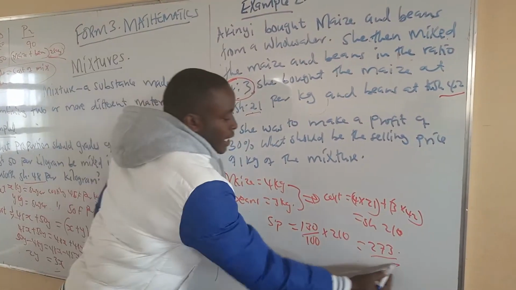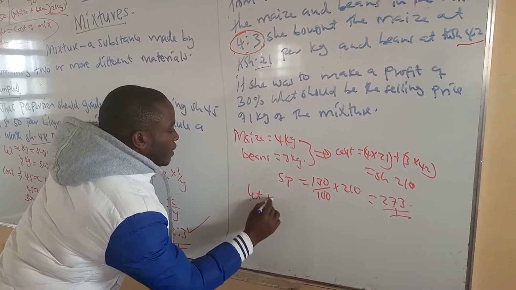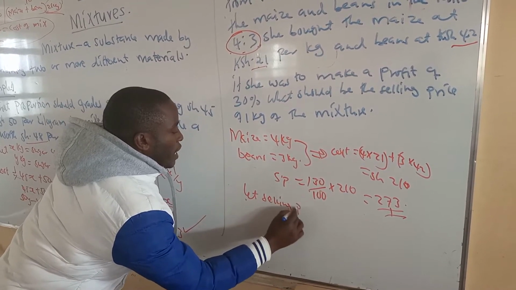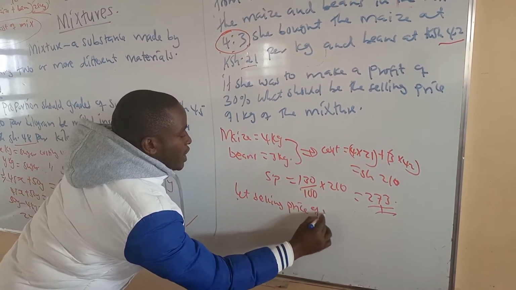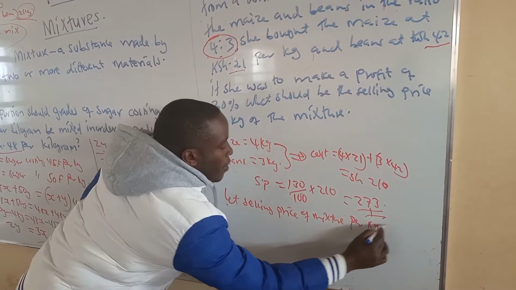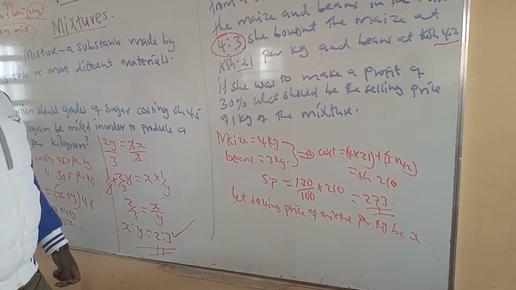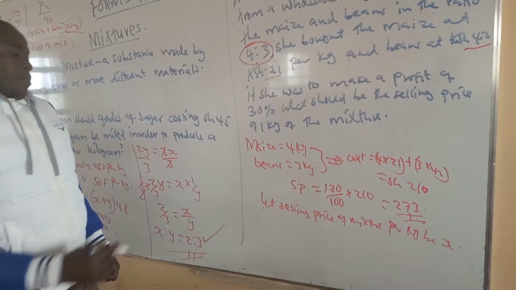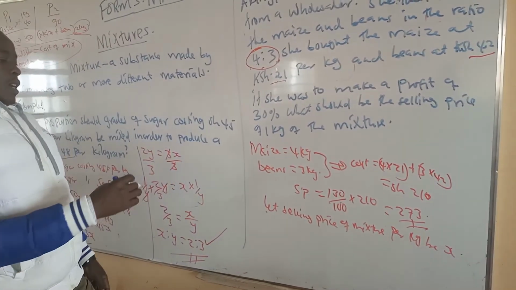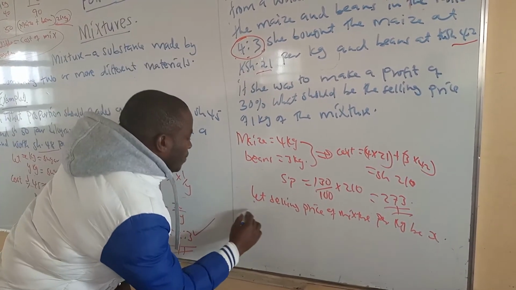Let the selling price of mixture per kg be x. So there were 7 kgs.